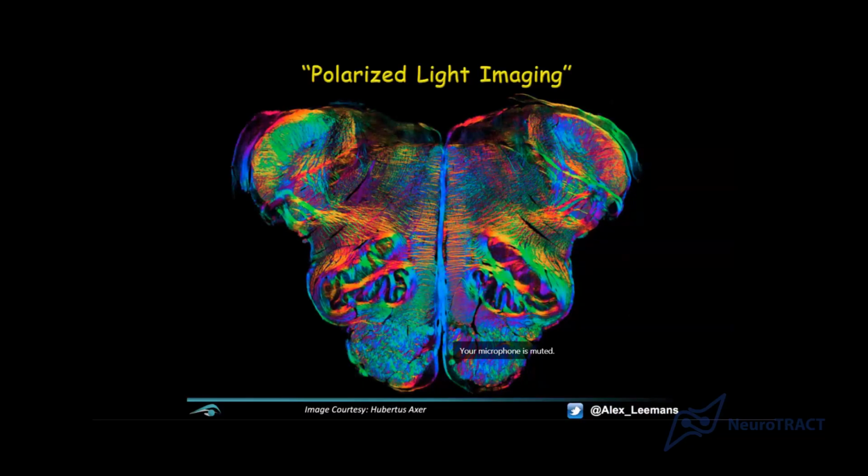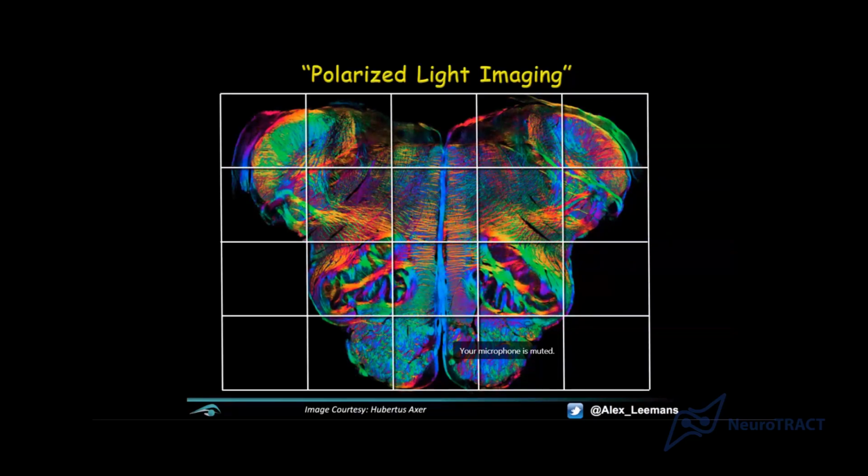And what you can observe here is a very high resolution, because if I overlay the voxels of our diffusion dataset, this is typically our resolution with diffusion MRI, the white squares. But the underlying resolution of polarized light imaging microscopy is really high.